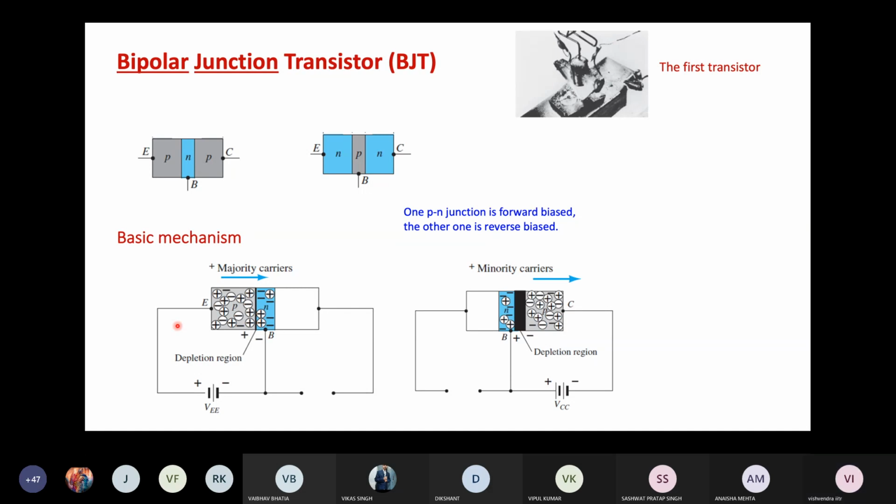Okay. Any other question? In the middle wire, two types of current flow. Sorry, in the middle wire, the common wire, in the base terminal.